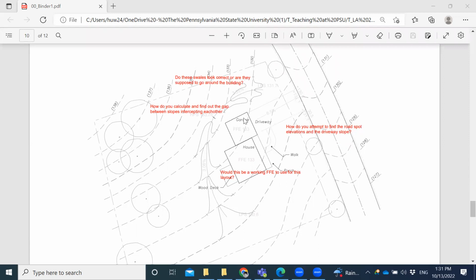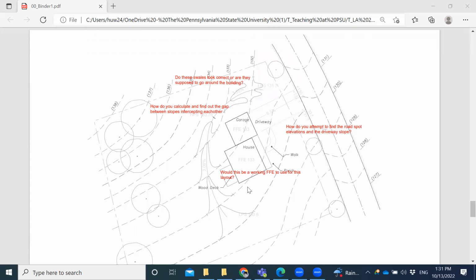The construction of the house basically raised the whole area up, right? So all these contours go around the house to connect back to existing ones. Yeah, we can take a look.